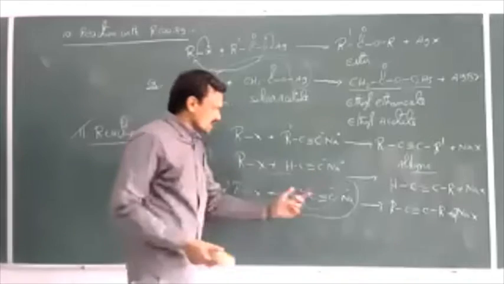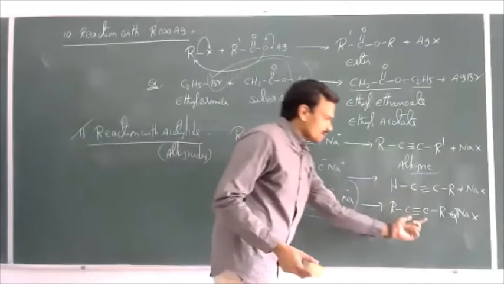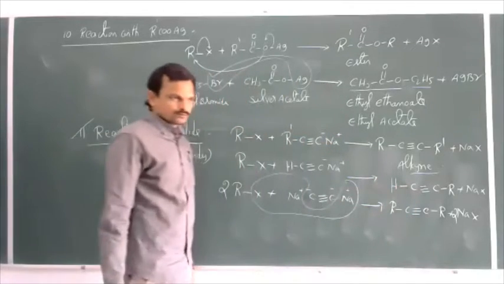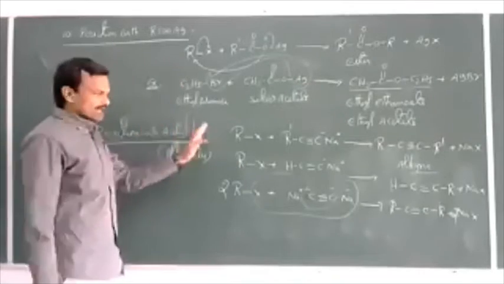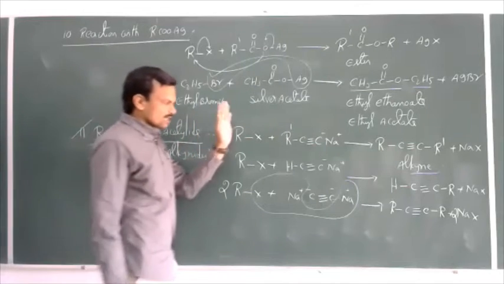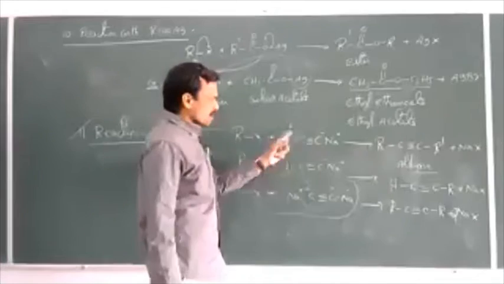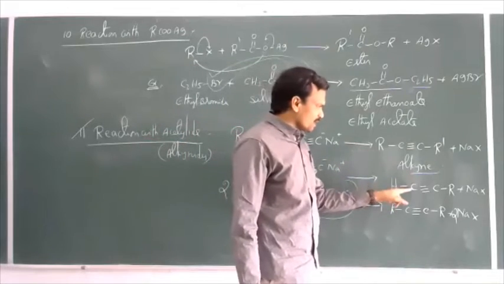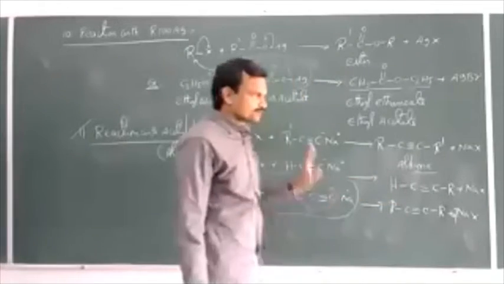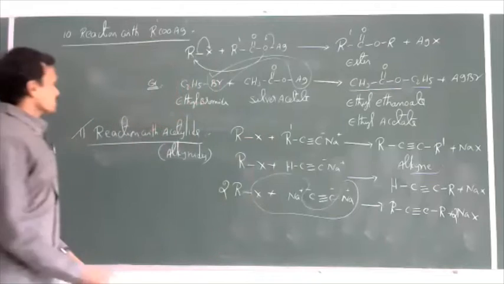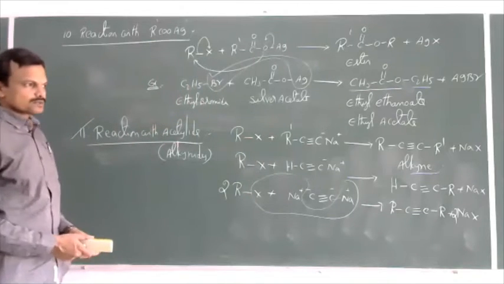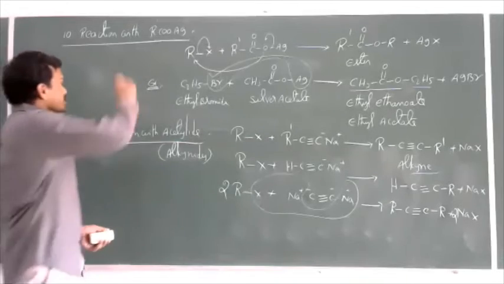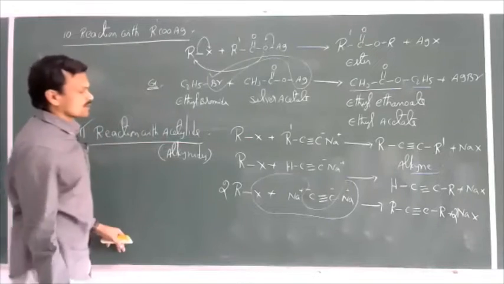If you take disodium acetylide, we can get non-terminal alkynes. So haloalkanes, when allowed to react with sodium alkynides or sodium acetylides, we can get alkynes, either terminal or non-terminal alkynes. So these are all examples of nucleophilic substitution reactions. So this is the first type of reactions we discussed yesterday.